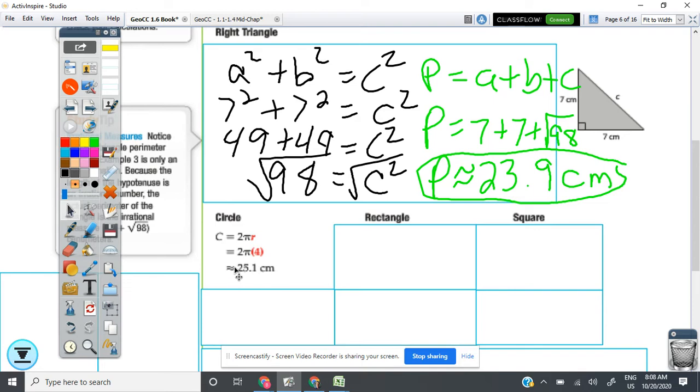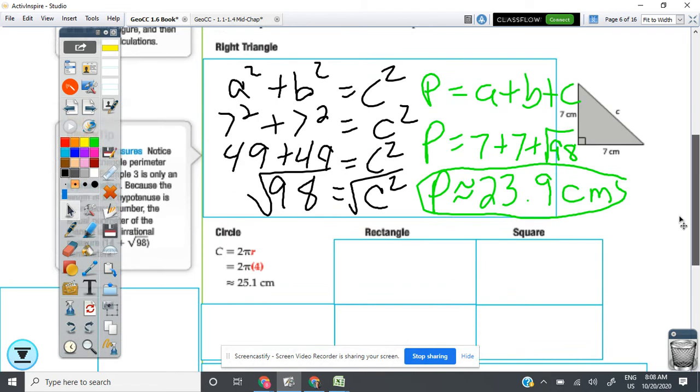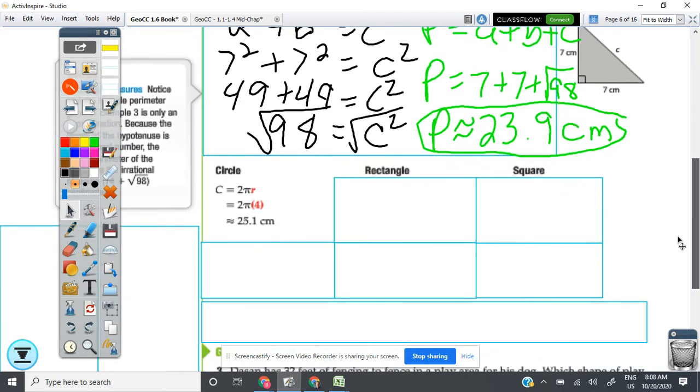Notice it rounded, approximately. And again, the pi button is the second button down on the right, with the up arrow. Okay, so now we're using more. But how much did we have? 26. So we're getting closer to 26.